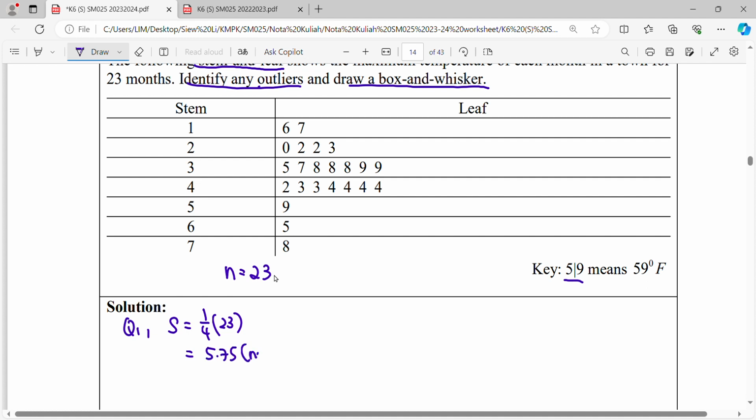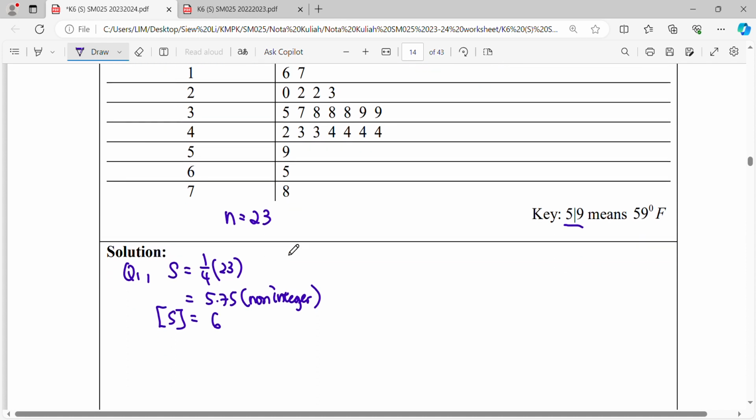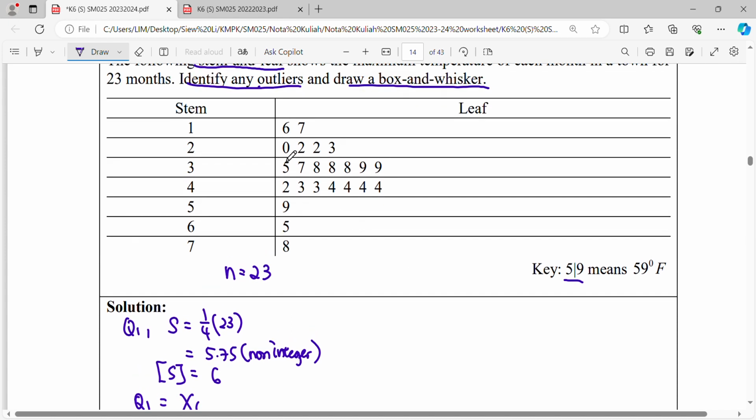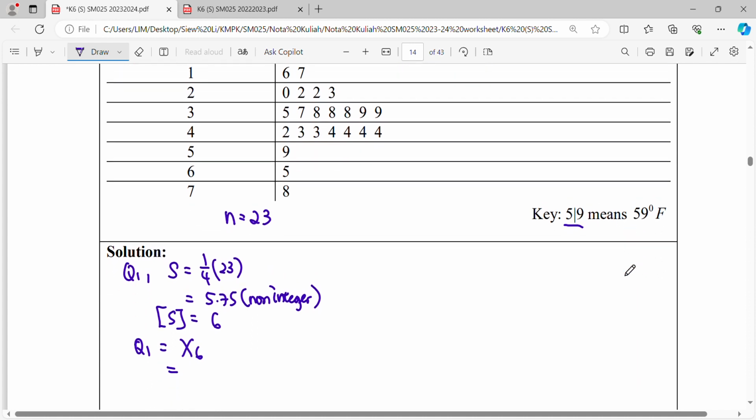This is a non-integer position. So to get the position, we take the least integer greater than this, which is 6. So our first quartile falls at data position 6. What is that? 1, 2, 3, 4, 5, 6. This one, 2|3 means 23.